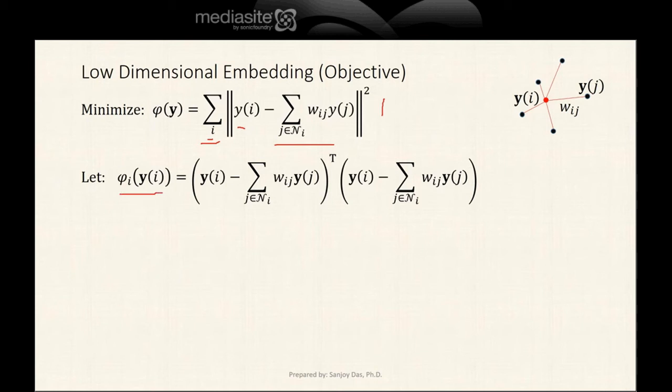So phi of yi is simply this term, which is the squared Euclidean distance, or rather the squared 2 norm, and that's equal to yi minus summation wij yj transposed times yi minus summation wij yj. Hence phi of Y, what we want to minimize, the objective function, is equal to summation over i of phi of yi.